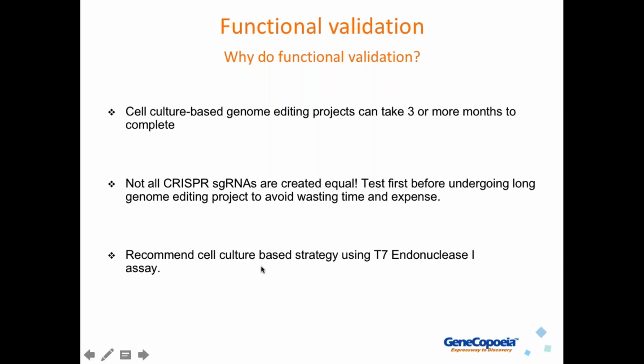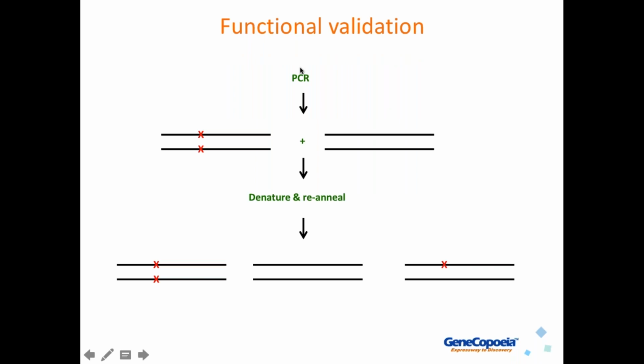And so we recommend using a cell culture-based strategy using the T7 endonuclease 1 assay. The way the functional validation assay works is it's PCR-based. You transfect a cell line with your single-guide RNA, and then you do PCR using primers flanking the double-strand break site. In most cases, you don't get 100% cleavage in a bulk population of cells.